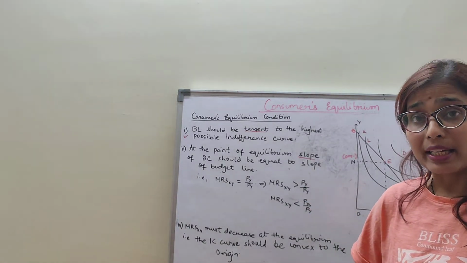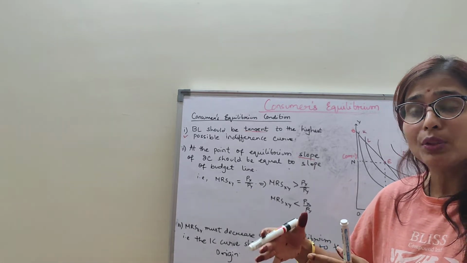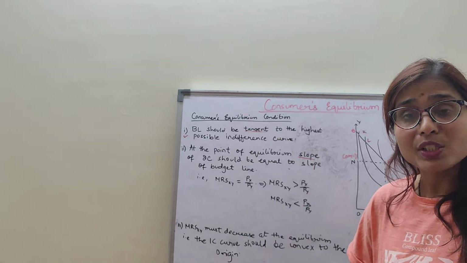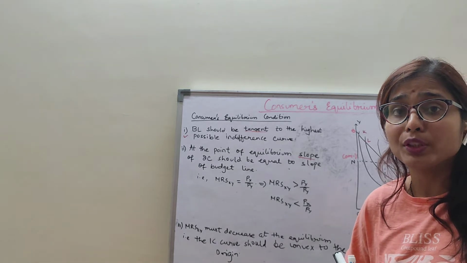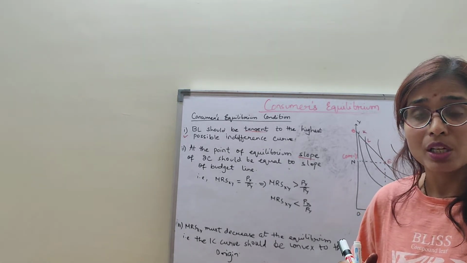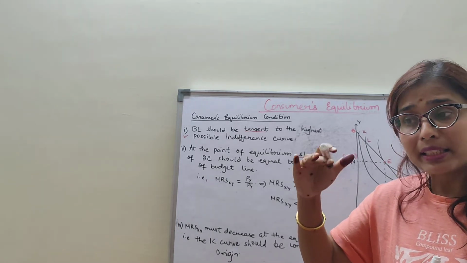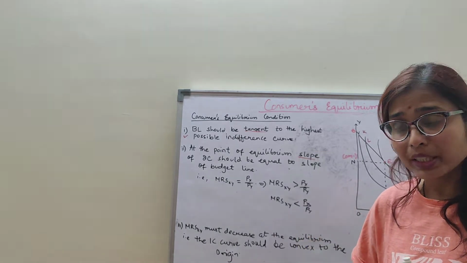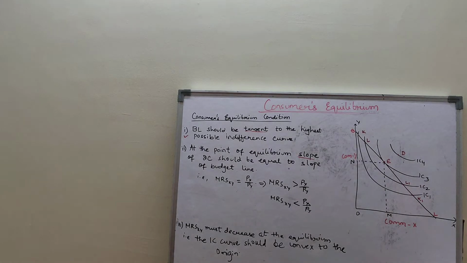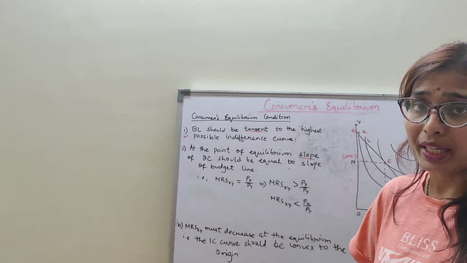It implies that in order to get 1 unit of X, the consumer is willing to sacrifice more units of Y than the market allows. So what will he do? He will increase the consumption of X and decrease the consumption of Y. Clear? So what will happen? MRS starts falling. So he continues to consume more of X till MRS becomes equal to price.